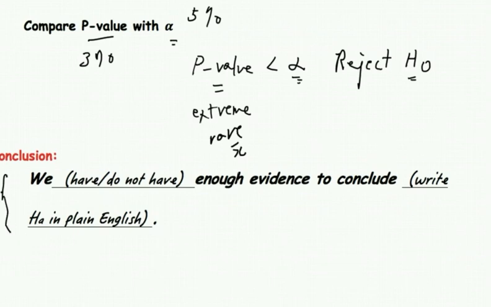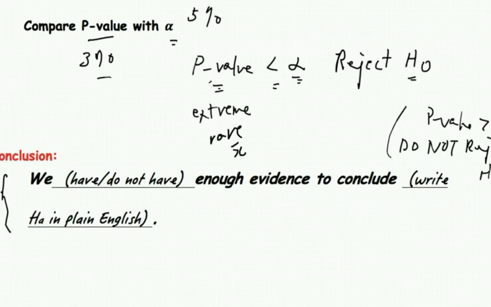So let me repeat, comparing p with alpha is very easy. You just compare the p-value with alpha. Which one is bigger? And which one is smaller? If p is smaller than alpha, we reject. Now, if p is bigger than alpha, then we do not reject the null.